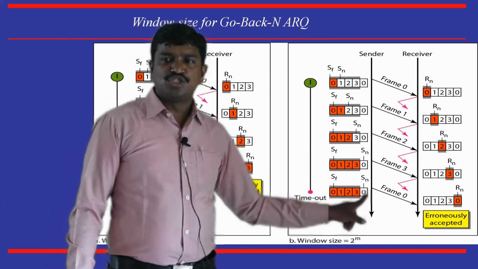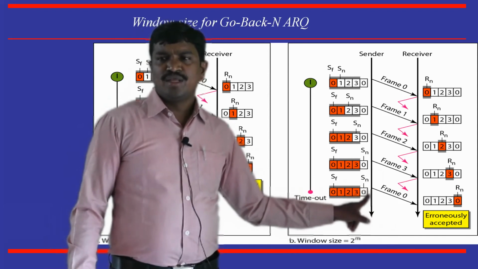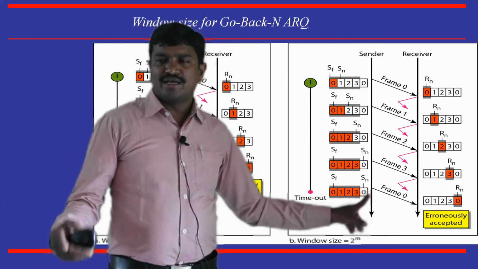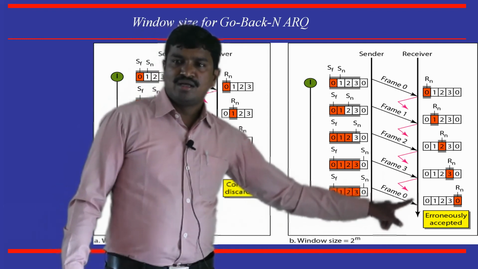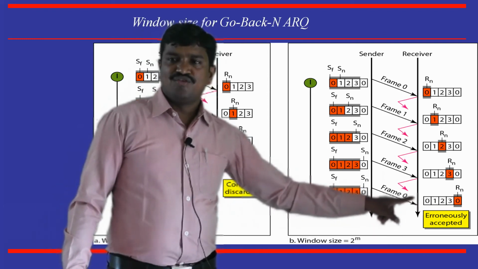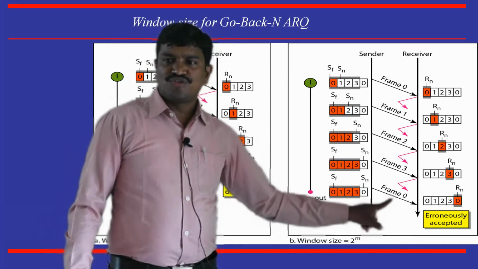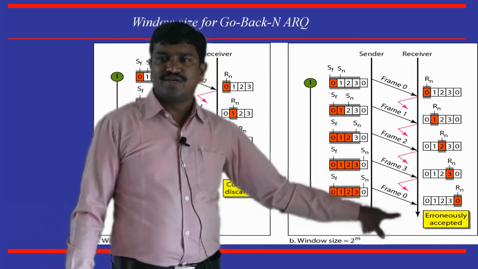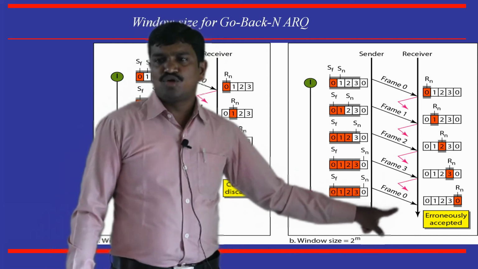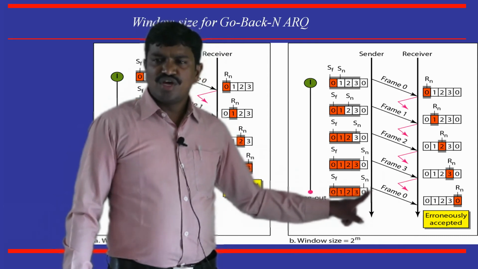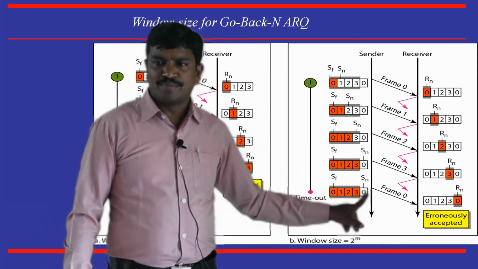So Sn is set to 0, and the receiver again gives an acknowledgement saying that we require 0. So the 0th frame is sent and it is accepted. It should not be accepted, because we are not supposed to send this 0th frame.